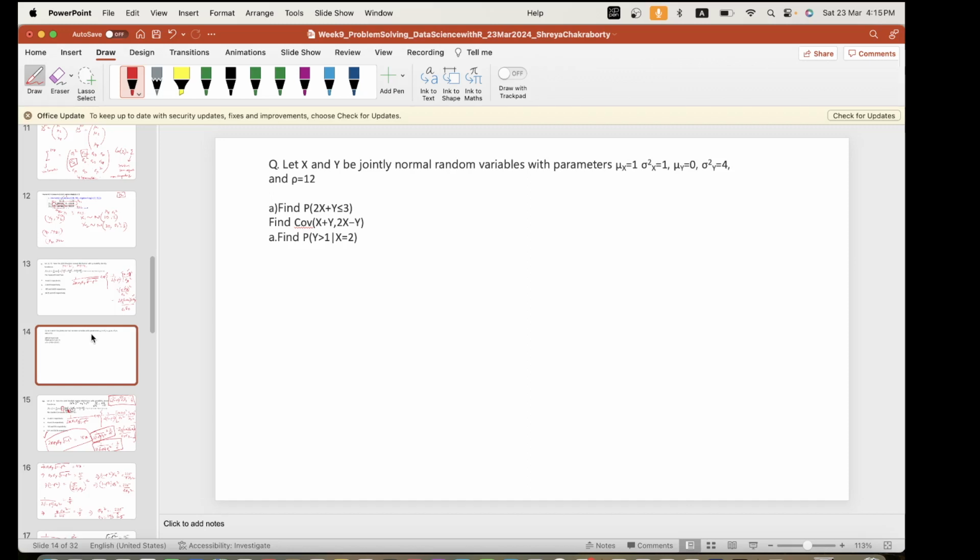Now we have x and y to be jointly normal random variables with these parameters. We have to find the probability that 2x plus y is less than or equal to 3. How will we do that? Let us assume z equal to 2x plus y. Now this is a linear combination of two normal variables, so this will also follow a normal distribution.